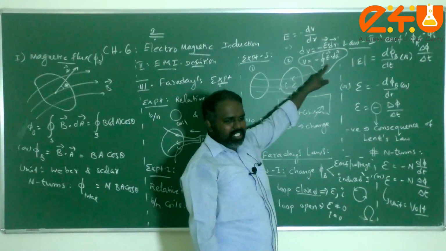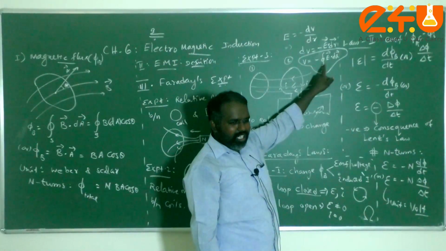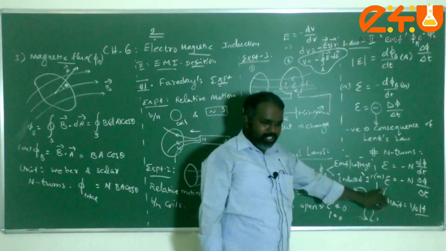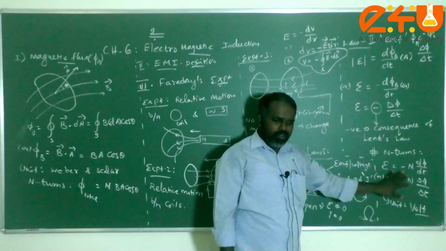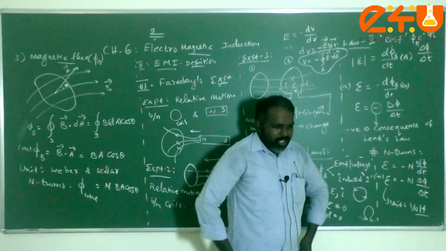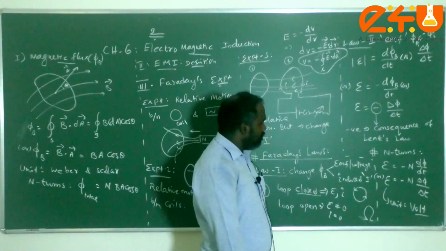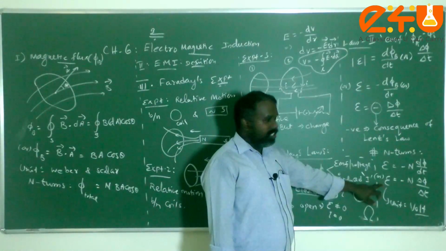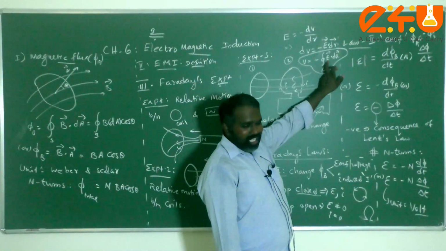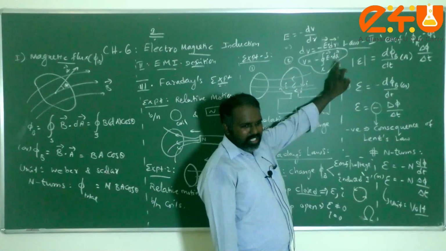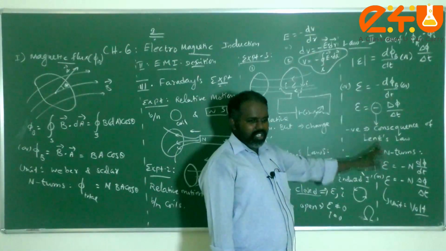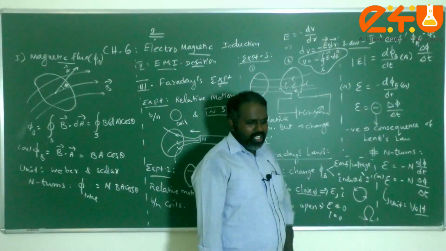This is the normal electric field, whose property is completely different from the induced electric field developed in the system, which we are going to discuss in the upcoming topics. But I can relate that this EMF or voltage can be written in terms of the line integral of electric field. That's the point I am trying to correlate between your electrostatics concept and this one.